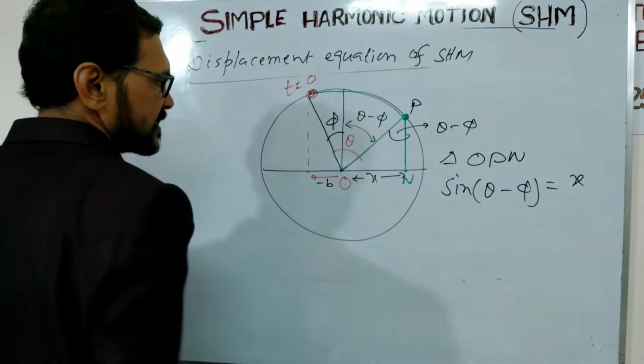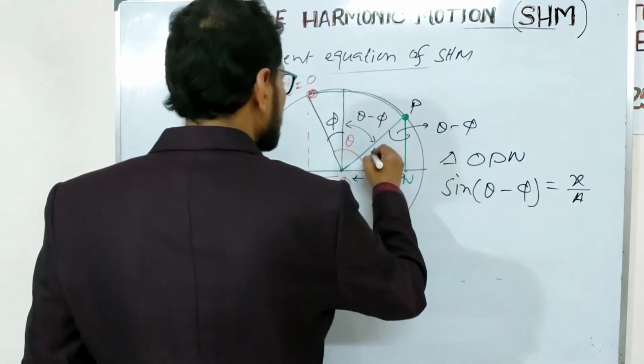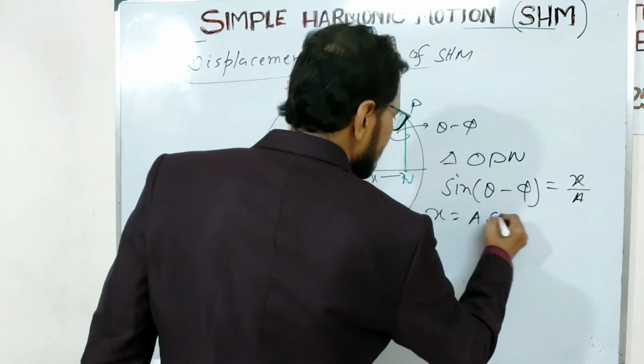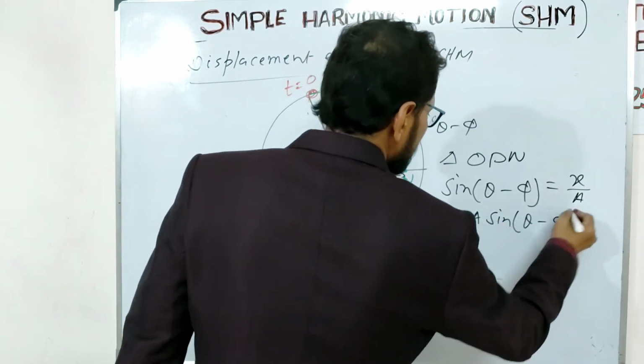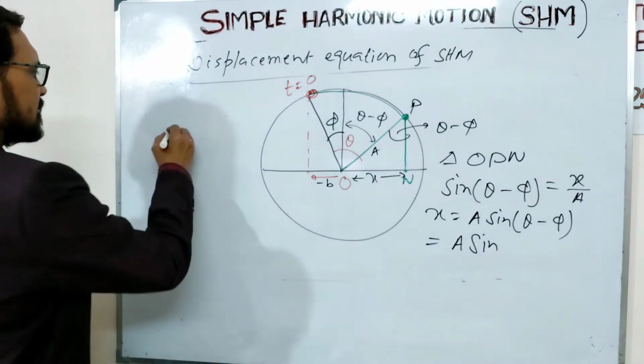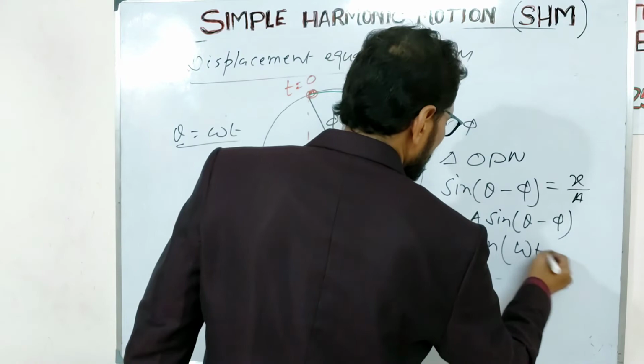We express this as x: sin of theta minus phi equals x by a, where a is the amplitude of the SHM. So x equals a sin of theta minus phi, and theta equals omega t, so we put here omega t minus phi.